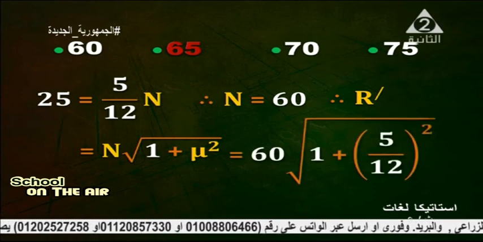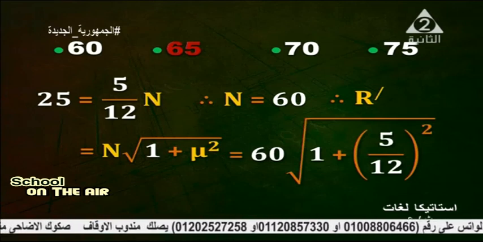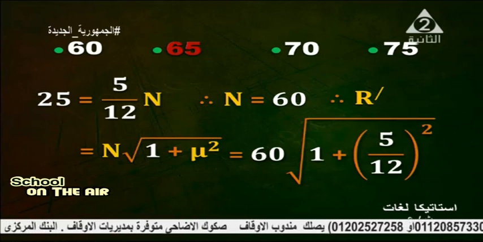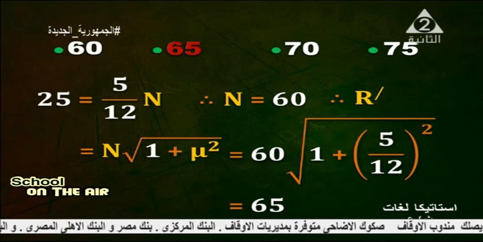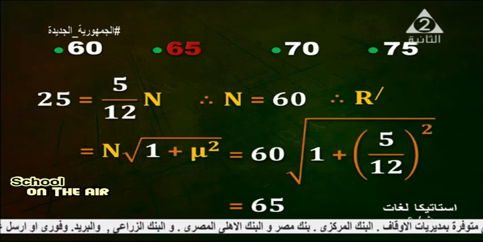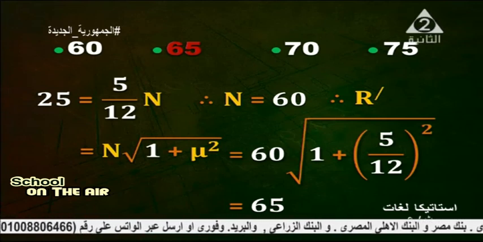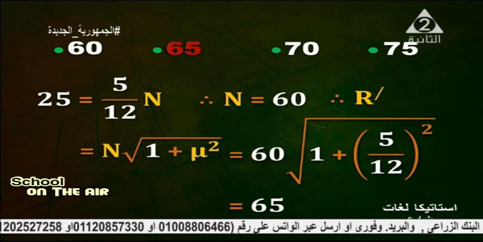N equals 60, so the resultant force equals 60 multiplied by square root of 1 plus 5 over 12 all squared, which equals 65. Remember, my dear student, R dash represents the resultant reaction, equal to R or N multiplied by square root of 1 plus mu square.